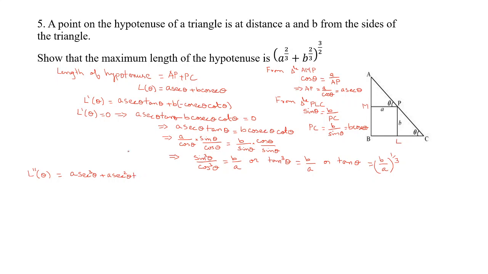Sorry, here it is a into secant theta, derivative of tan theta will come as secant square theta, so secant cube theta. Then a into derivative of secant theta, that is secant theta into tan theta, so it will come as secant theta into tan square theta.